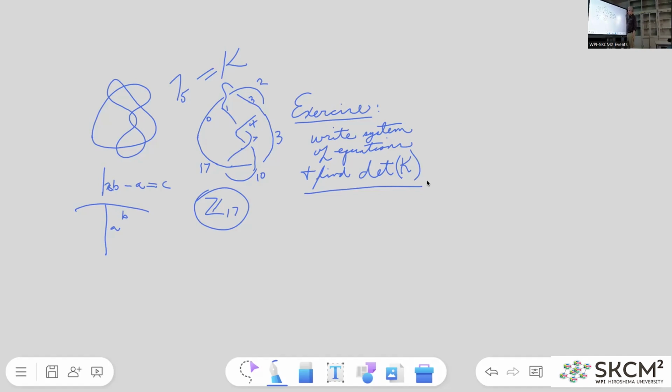But I want to show you something else as long as we have a knot up in front of us, and that is the following. If you look at just the diagram of the knot like this, it's a graph in the plane, of course, and let's draw it again so we can play with it a little bit.